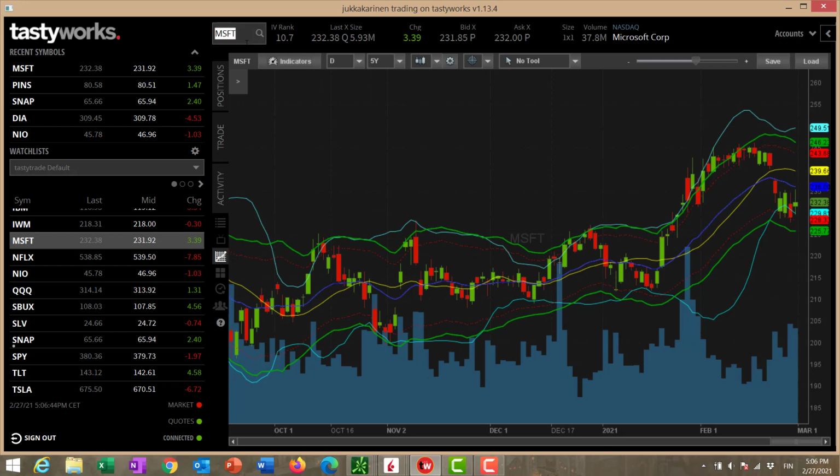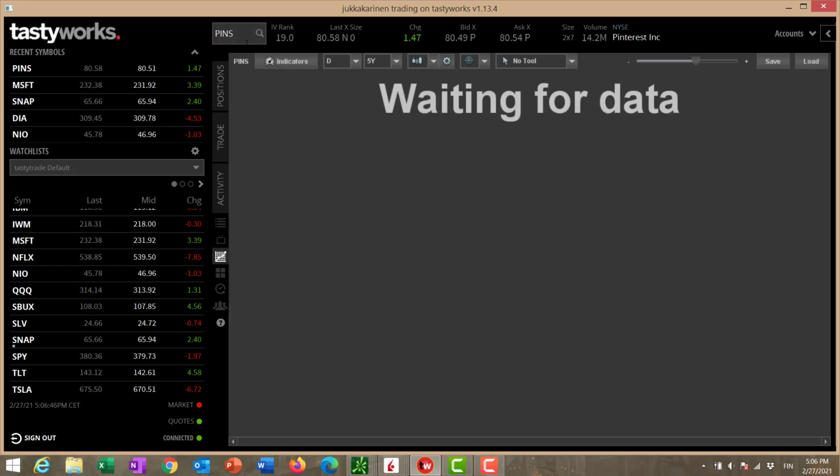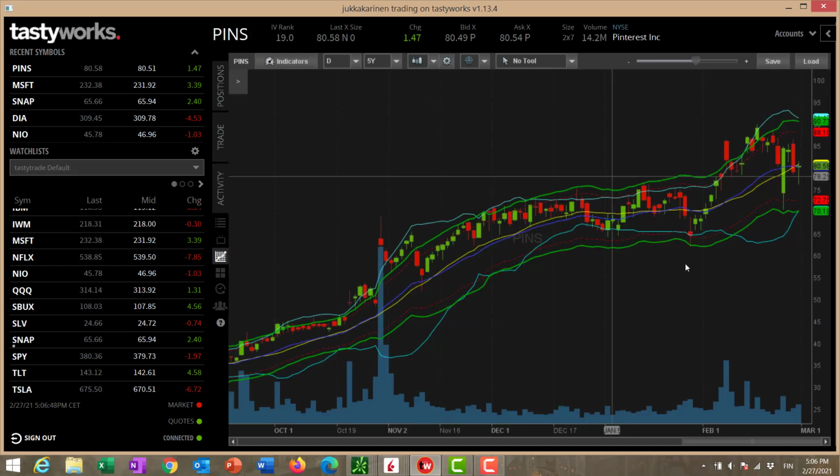I'll check back to Pinterest now. Here was a long period of squeeze. These Bollinger bands were inside the red dots for a long time, and when it finally started going, then boom, it goes quite far. And there is an easier way to see this.